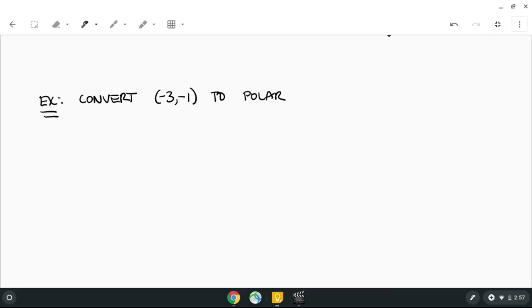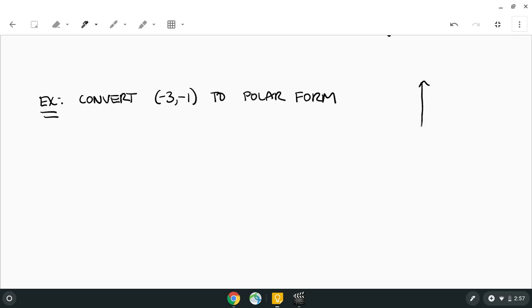In this section, really pay attention to your location. Always know your location. So let's go ahead and plot -3, -1 just to see what quadrant we're in, because remember, the angle we get when we use tangent inverse is not going to give us angles in quadrants 2 and 3. So let's have a look.